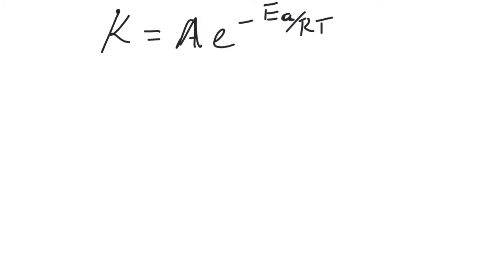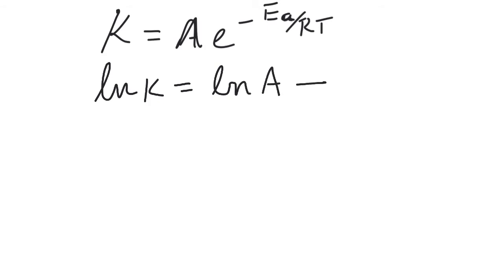So I'm going to take a logarithm on both sides, natural logarithm ln. So ln k now equals ln A minus Ea over RT. Now you notice this. So what you see here is the e is gone from this expression.